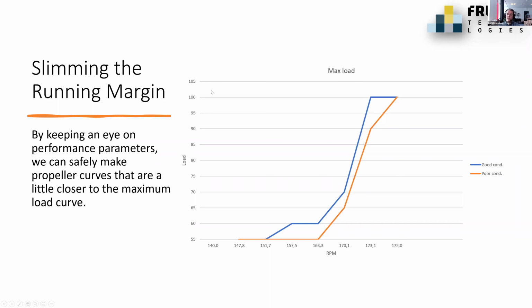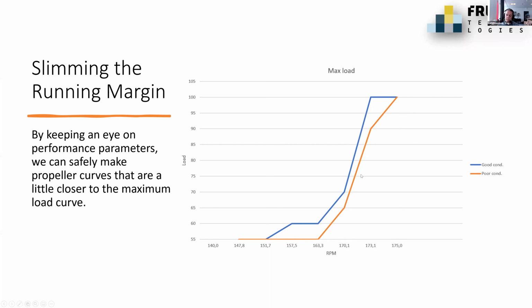And the graphs we're showing here are actually from a vessel that we've been working on for a long time, which has a bit of a strange setup. It starts out in the orange graph here, which shows that even as RPMs increase from 150 or so to 160 or so, we can add almost no load. And this turns out to be because the turbocharger was pretty fouled on that particular vessel.